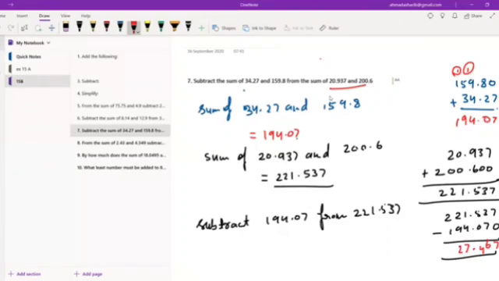Okay, so 27. The answer is 27.467. This is the final answer. This is the required answer.